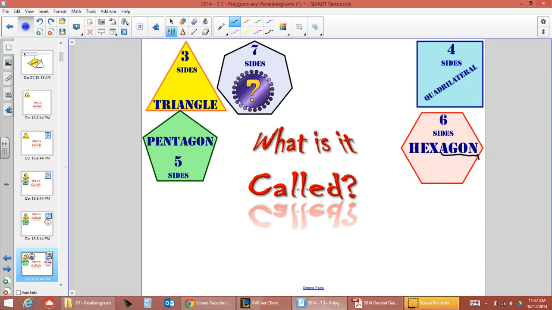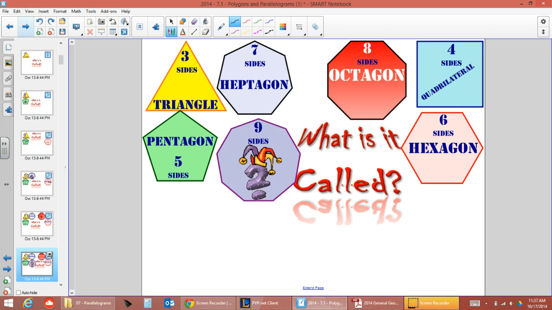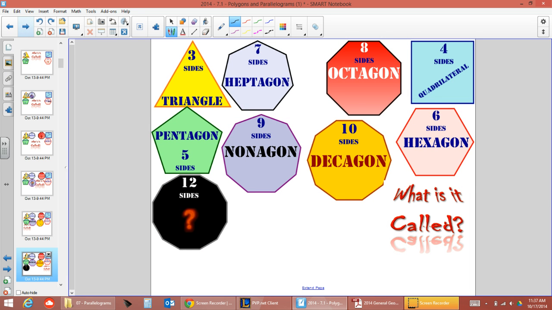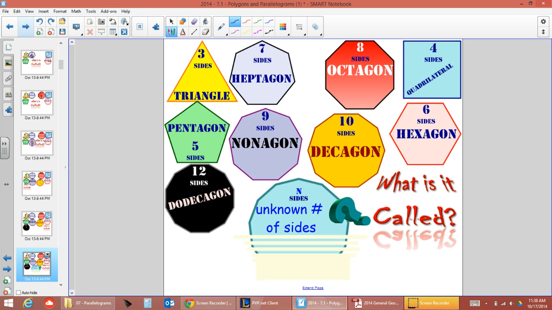We're going to go through heptagon, octagon. You should know that from stop signs as a child in elementary school. A nonagon is 9-sided. A 10-sided is a decagon. If you think about a decathlon, that's a 10-event race of some sort. So a decagon is a 10-sided shape. 12-sided is dodecagon.